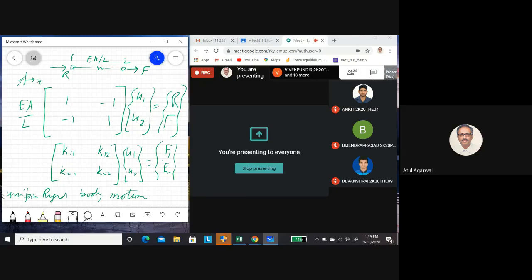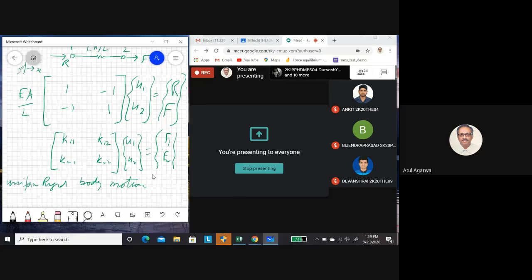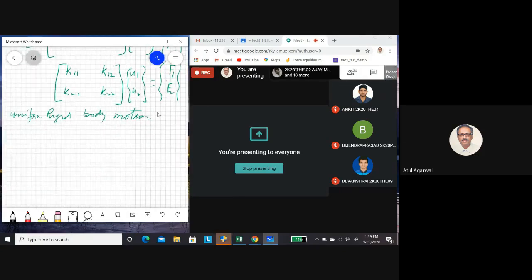Okay. Now we also did the truss problem. In the case of a truss, you found some stiffness matrix and you had some displacement variables.